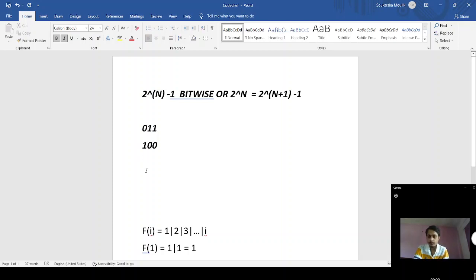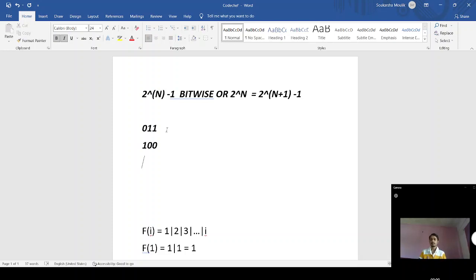Now let's see. 2 to the power n minus 1 will have n set bits starting from the LSB, and 2 to the power n will have the n plus 1th bit as set, and all these n bits starting from the LSB will be 0.